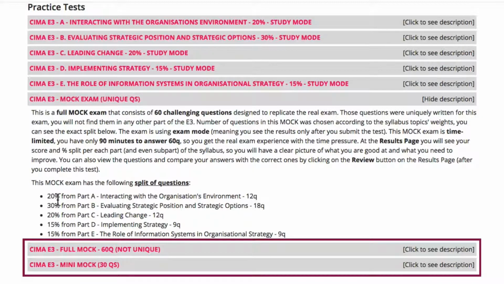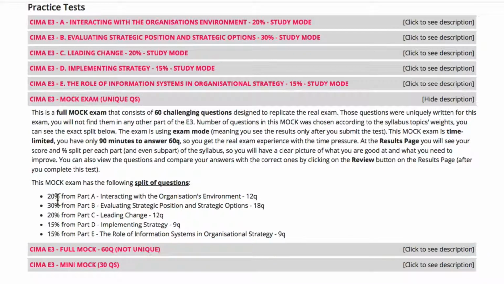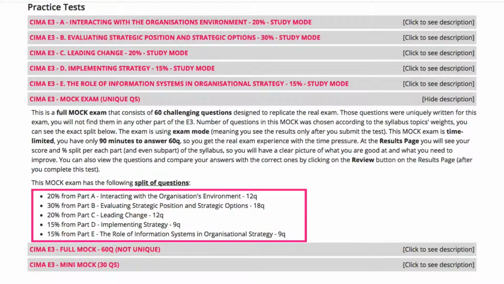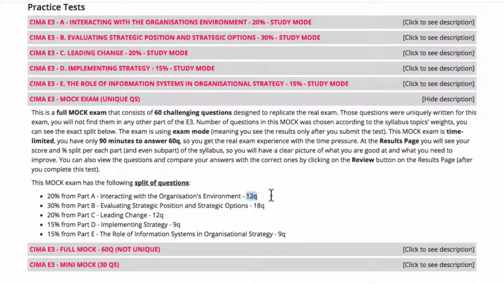What's worth mentioning here is that we pick the questions randomly, so there is never any chance that someone will have two tests that have the same set of questions. As you can see, the number of questions within a mock is selected based on the percentage syllabus split. So if, for example, part A covers 20% of the syllabus, you can expect to receive 12 questions coming from that part.